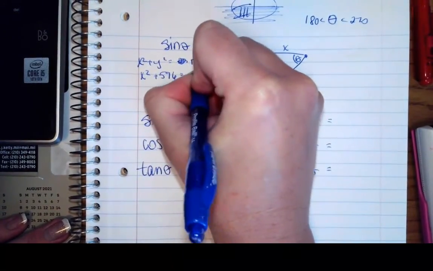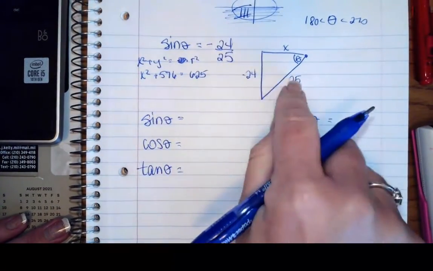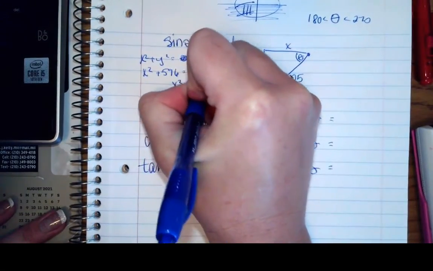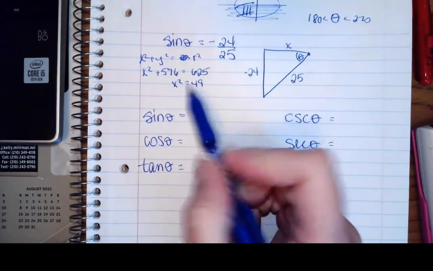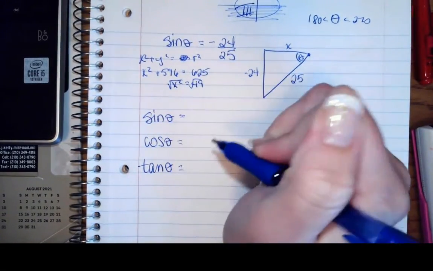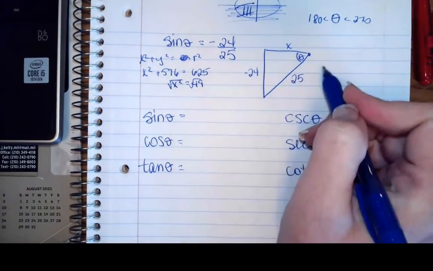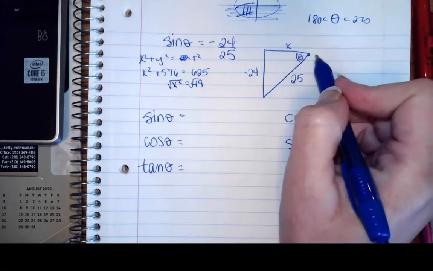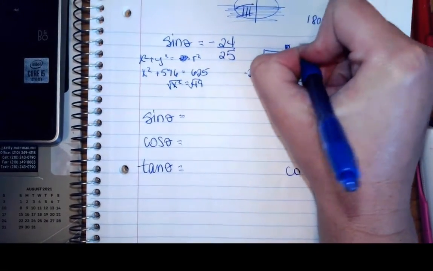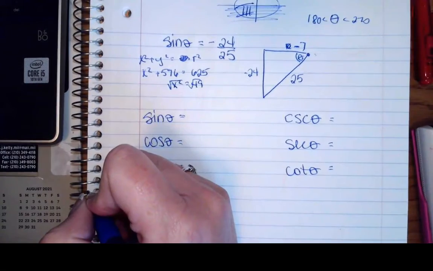R squared is 625, because your radius will always be your denominator. When I subtract those, I find out that x squared is 49, which means x must be either positive 7 or negative 7. That's where the effect of the quadrant comes in. I'm in quadrant 3. I move to the left from the origin, so x must be negative 7.